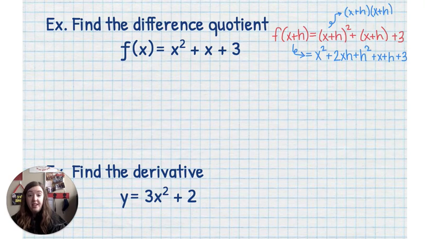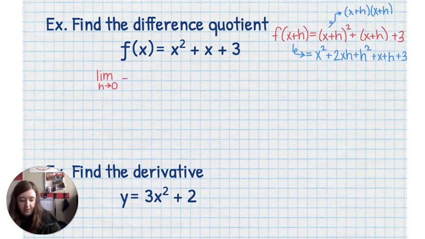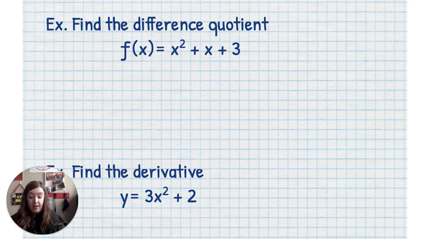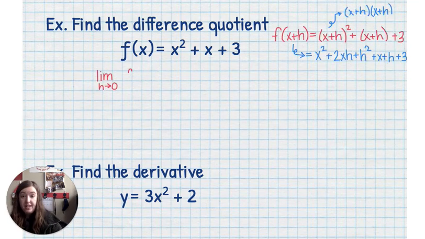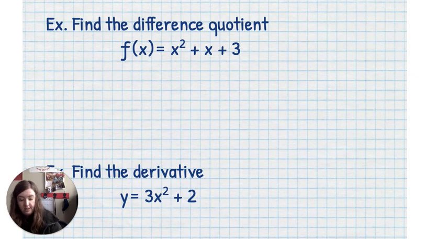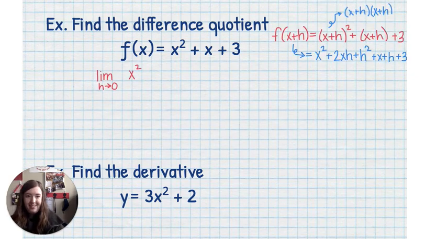So now we'll put that into our formula. We're going to have the limit as h approaches 0 of, oopsies, of, and then I'm going to need my f of x plus h. So that was x squared, sorry about that, plus 2xh plus h squared plus x plus h plus 3 minus my f of x, right?